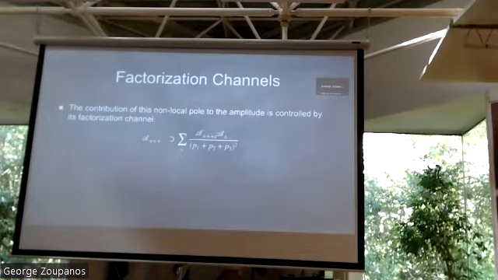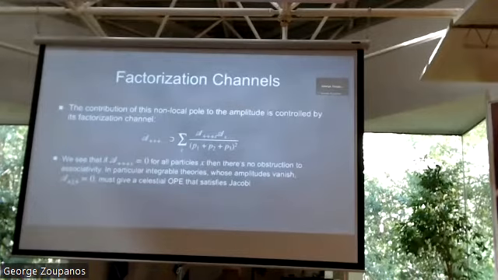Where I'm summing over the other particles in the theory X. And yeah, if all such 4-point amplitudes vanish exactly, then it seems that there's no obstruction to associativity.